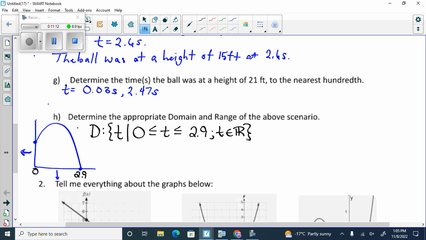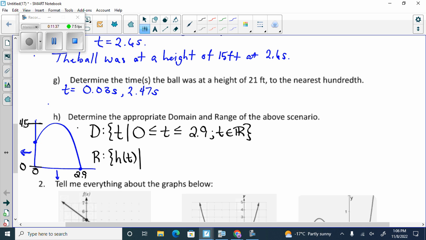What is my variable for y? H of t. So I'm going to have to go h of t as my y, like this. Now what is my lowest y in feet? 0. It can hit the ground. And what was the highest y in feet? 45. It was that maximum, right?